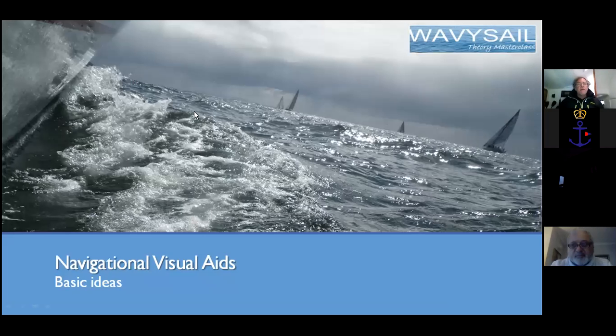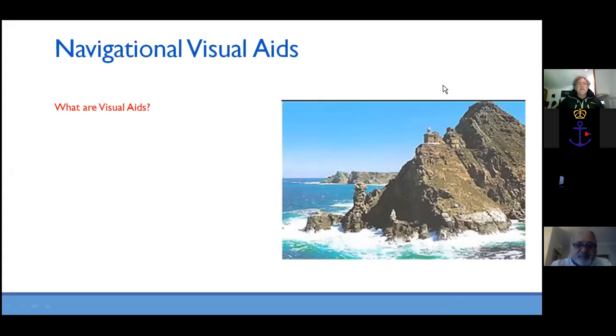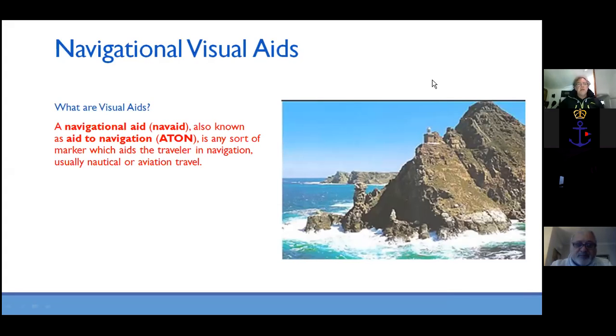Okay, so visual aids. What is a visual aid? And we're talking specifically about navigation. So it's a nav aid, it's a navigational aid. It's also known as an aton. If you go to the States, they refer to them as atons. So if you hear of an aton, it's a nav aid or a visual aid, depending on which country to country.